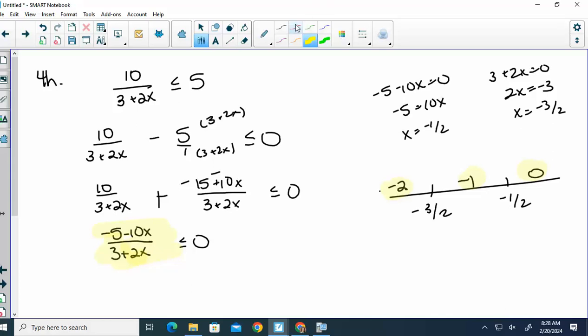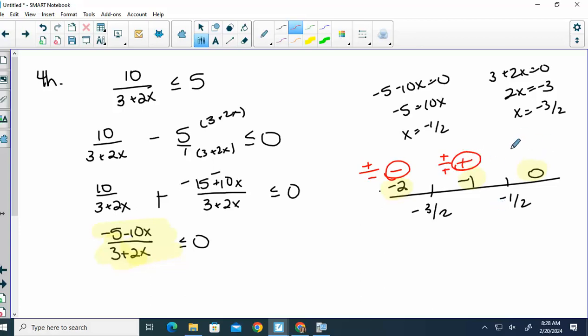Okay, so if we put in a negative 2, on the top we'd have negative 5 plus 20, so that's positive. On the bottom, 3 minus 4 is negative, so that section turns out negative. If we put in a negative 1, on the top we'd have negative 5 plus 10, which is positive. Bottom, 3 minus 2 is positive, so that section is positive.